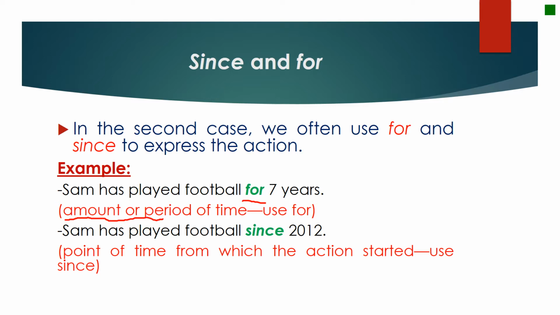But when I want to talk about the point of time when this action started, I say since. Sam has played football since 2012. Sam has played football since his childhood. Since he attended the school. Point of time and not an amount or period of time.